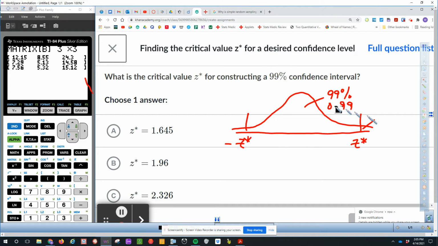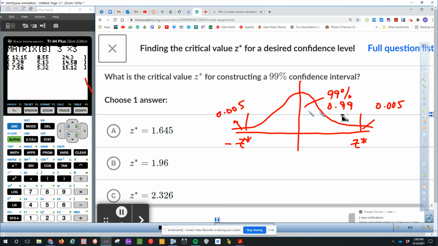Now, because it's symmetrical, this area should be 1% divided by 2, and 1% divided by 2 is 0.005. And then this area is also 0.005.